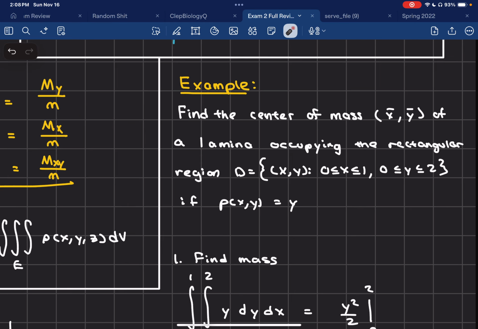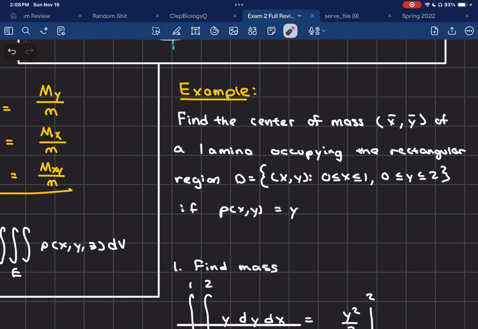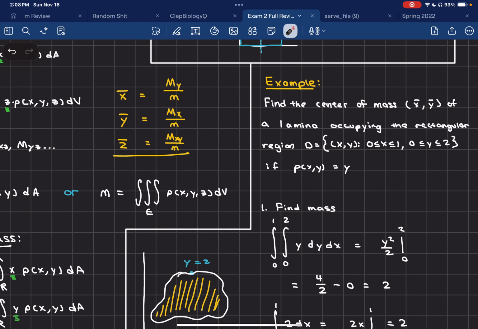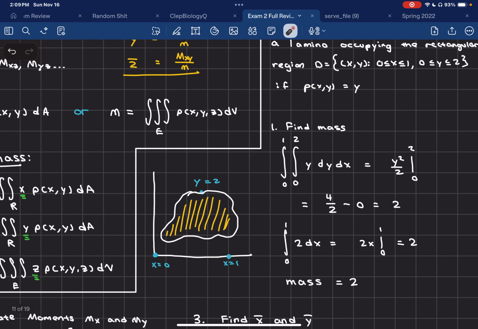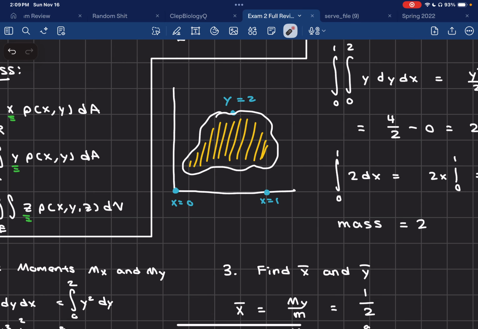Here's an example. Find the center of mass, x bar, y bar of a lamina. Don't be scared. A lamina is just some ambiguous shape which occupies the rectangular region, this. So it's rectangular, but it's not a rectangle. For example, I drew it like this. It could literally be anything else that's embodying this rectangular region.